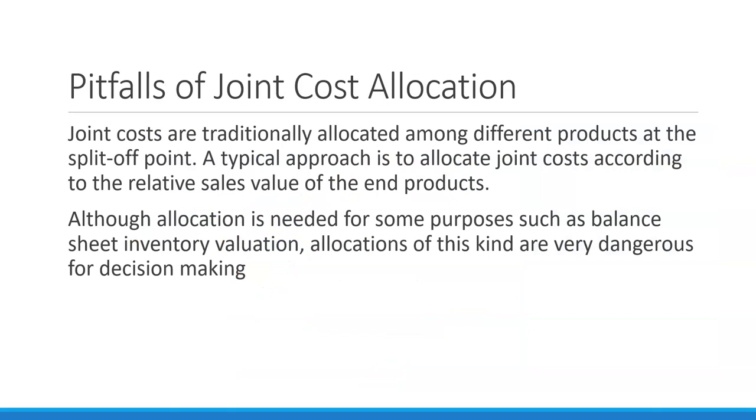When we try to make that decision, we have to allocate those joint costs. So we allocate them among the different products at the split off point. We have multiple ways we can do this. One of the ways is to allocate joint costs according to the sales value of the end products.